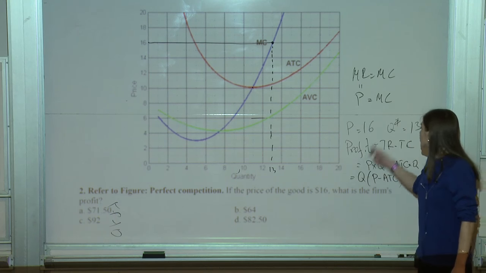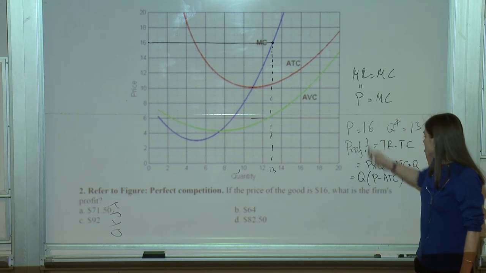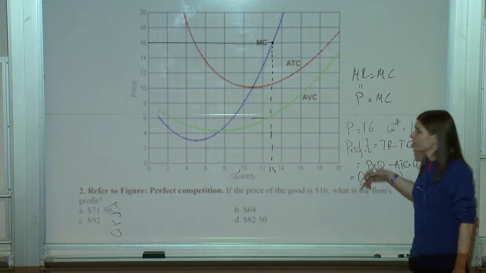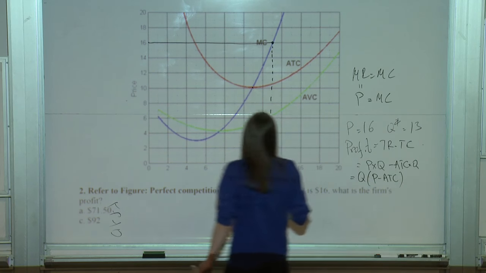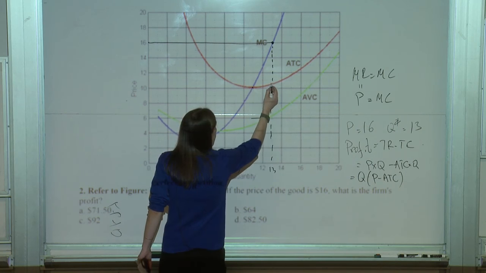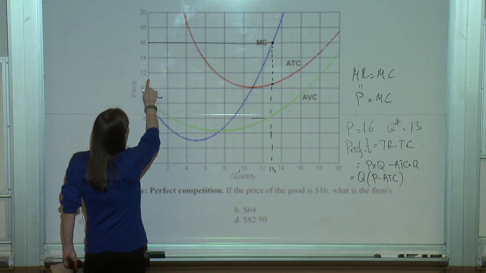I know the quantity is 13, and I know the price is 16. The only thing I need to figure out is the average total cost at that quantity, which I can get from the curves. At 13, average total cost is here. This is 11, this is 10, it's kind of in the middle, so it's 10.5.